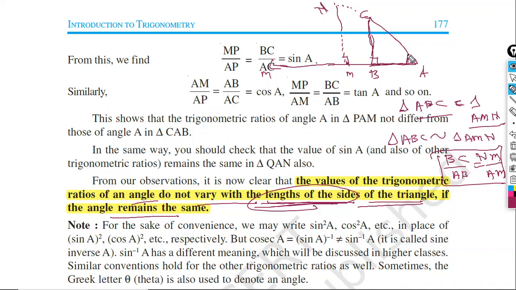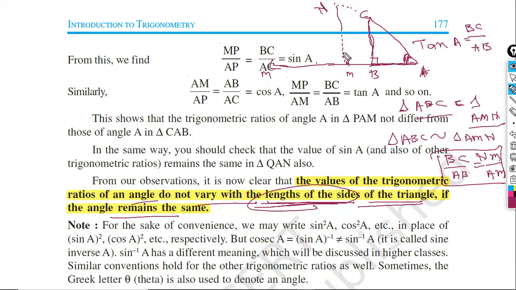If you remember, this angle is A. You remember tan A. Tan A was equal to P by B, that means side opposite to angle A divided by adjacent of angle A. So tan A equal to BC by AB.